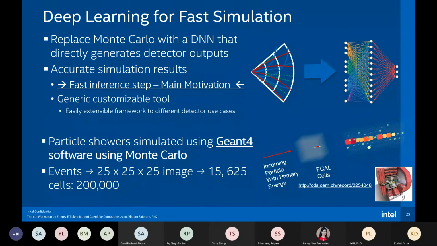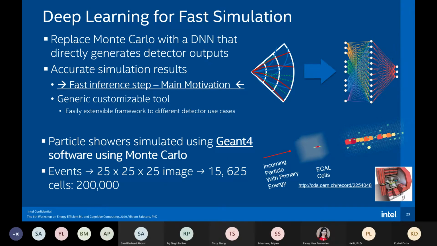We worked with CERN, and they developed a model. The number of events we had to work with was about 200,000. It was a three-dimensional 25 by 25 by 25 image where energy deposits of the electrons or particles that are coming are deposited, and that gives you a reading on those particle showers.